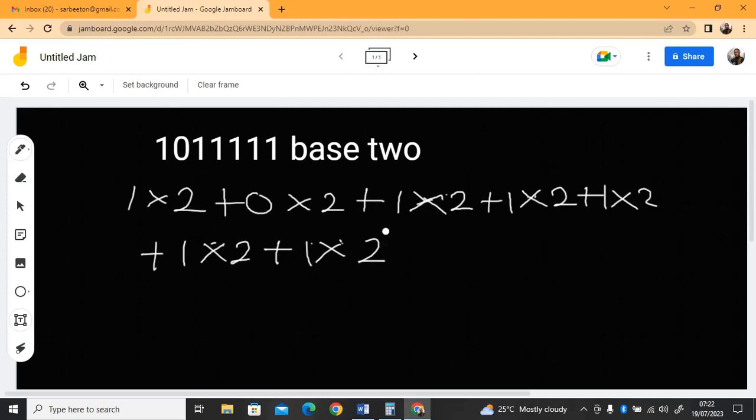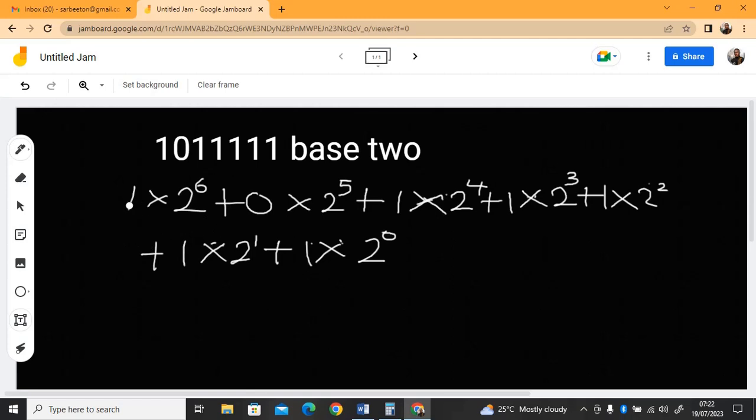So the first one is going to be 0, the second one is going to be 1, this is going to be 2, here is going to be 3, here is going to be 4, here is going to be 5, and here is going to be 6. Okay, now this is how you expand this.